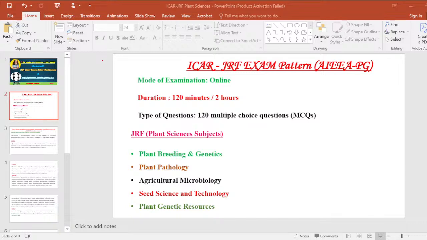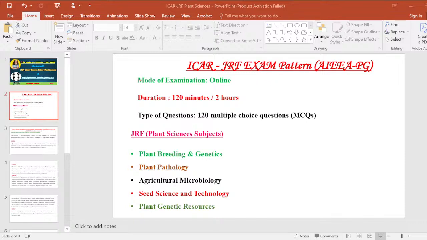We have to understand the structure plus function of these cell organelles. Then mitosis and meiosis, and the different stages in mitosis and meiosis. And Mendelian genetics, which will be covered in the introduction to genetics portion.